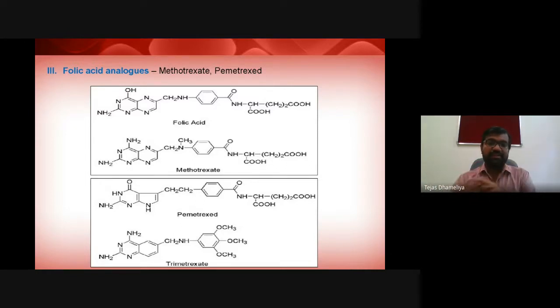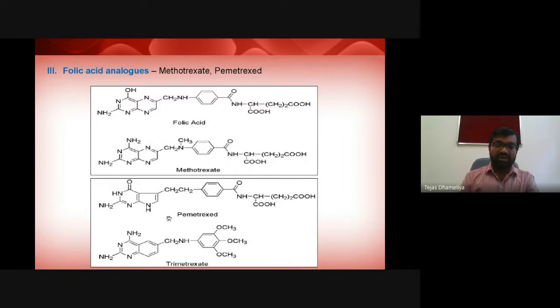That one carbon metabolism, one C metabolism, is essential with the help of this folic acid. Here methotrexate has the same structure as folic acid, but the OH was converted to NH2, and where folic acid had NH, it has N-methyl. So now it is completely different, folic acid and methotrexate.